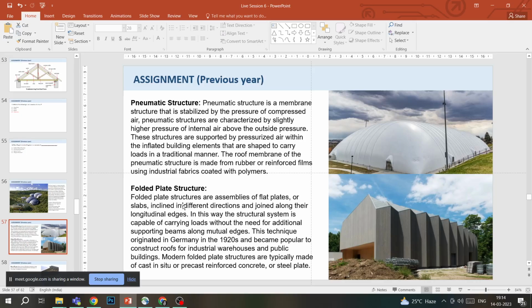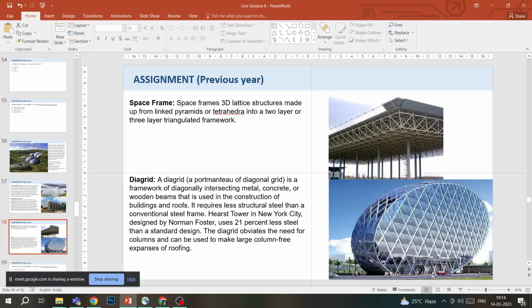Space frames are basically 3D lattice structures made up from linked pyramids or tetrahedra into a 2-layer or 3-layer triangulated framework. Tetrahedrons have 4 sides of triangles and a base, square base. That is what a tetrahedron is. Or pyramids, you can say square pyramid or a triangle pyramid.